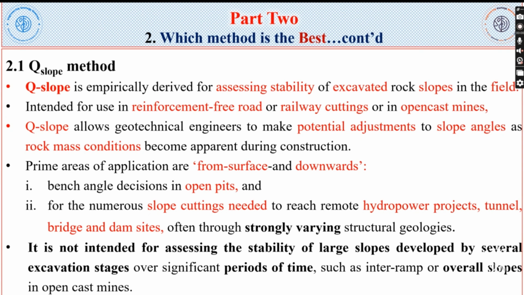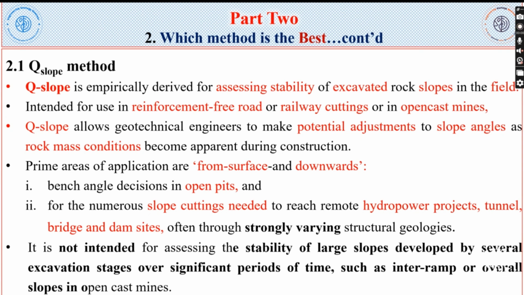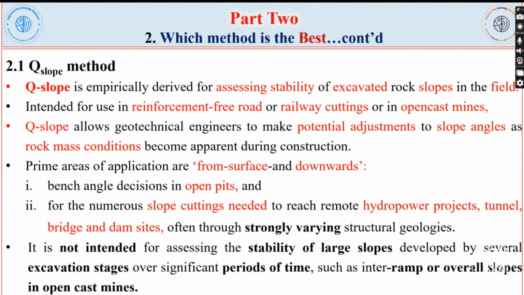It is also important to understand what the Q-slope method is not intended to be used for. The Q-slope method is not intended for assessing the stability of large slopes developed by several excavation stages over a significant period of time. What is the problem with large slopes?